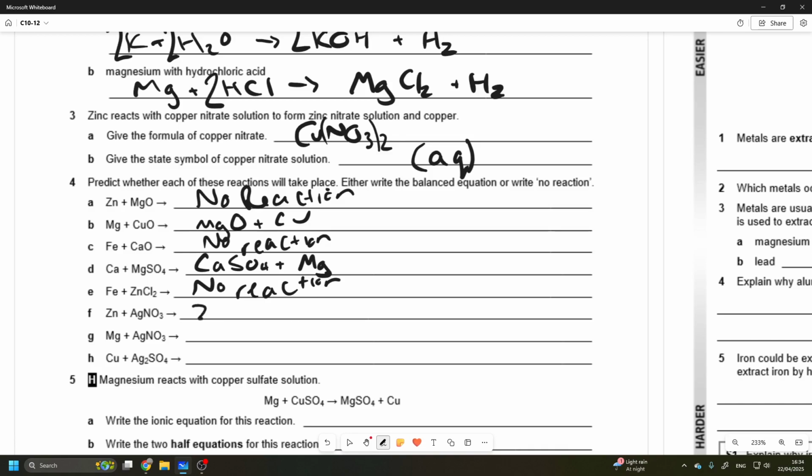Zinc is more reactive, that'll make Zn(NO3)2 plus Ag. Magnesium is more reactive, that will make Mg(NO3)2 plus Ag, and copper is more reactive, so that will make CuSO4 plus Ag.